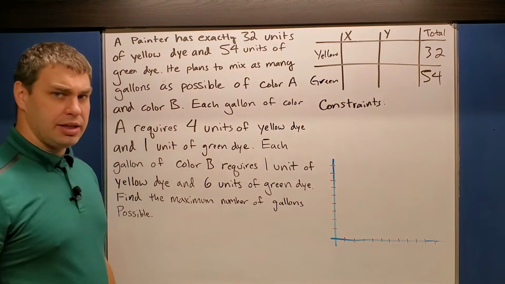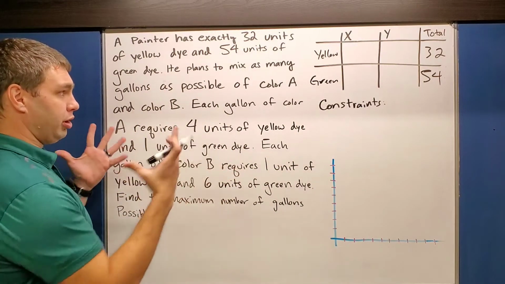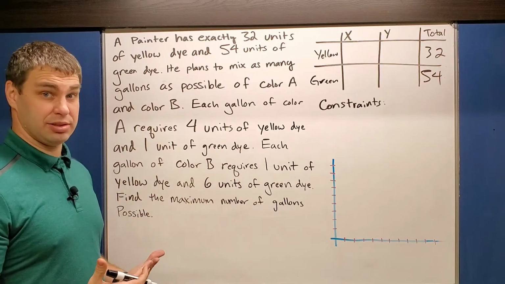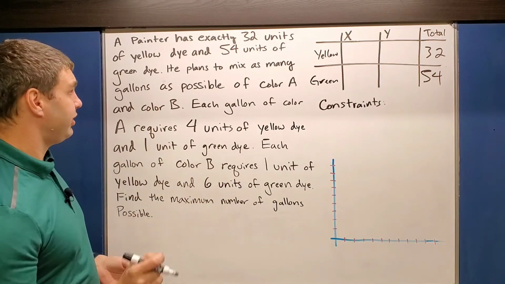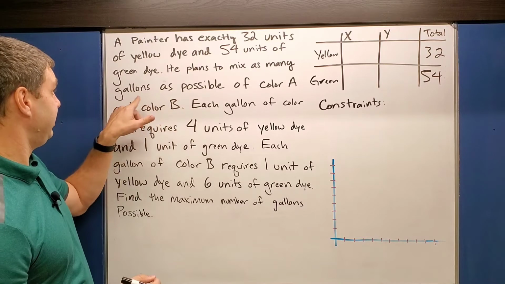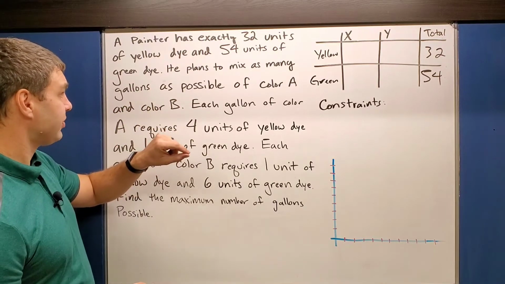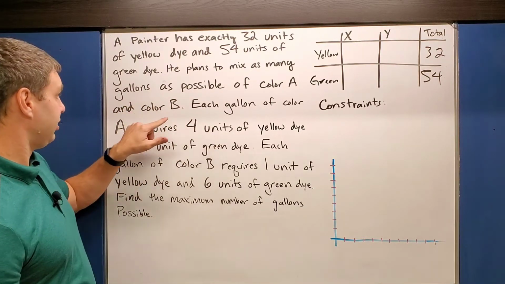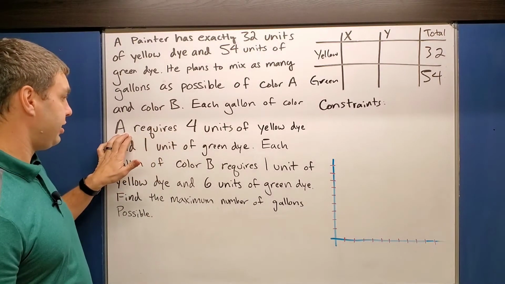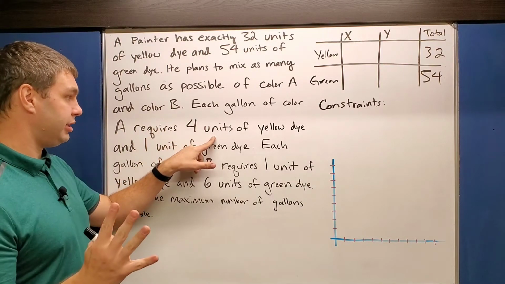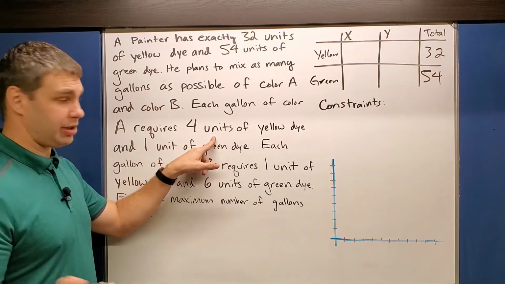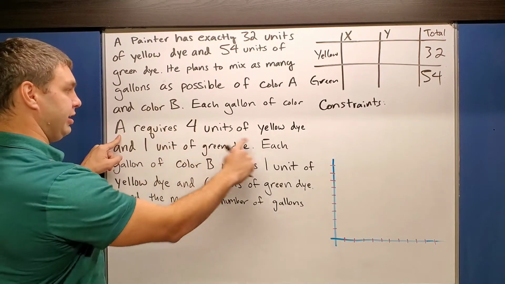Then we have to figure out what the other numbers are talking about. If we read through, I think we can figure it out. He plans to mix as many gallons as possible of color A and color B. Each gallon of color A requires 4 units of yellow dye. Right there, this is color A, and it's 4 units of yellow.